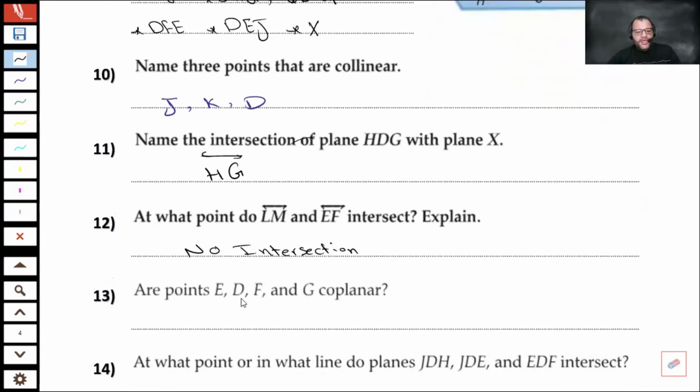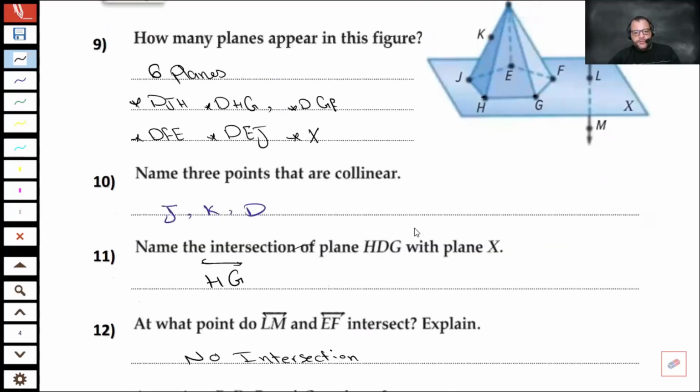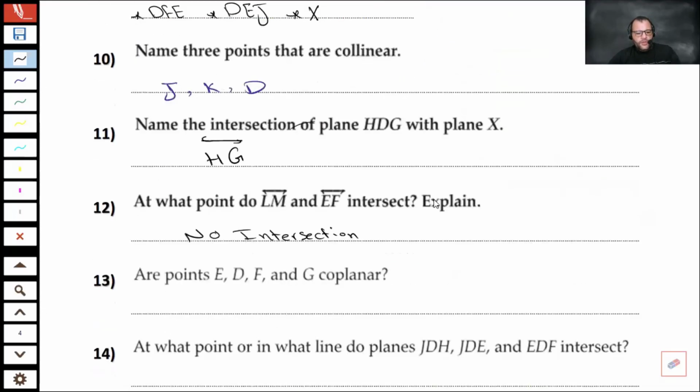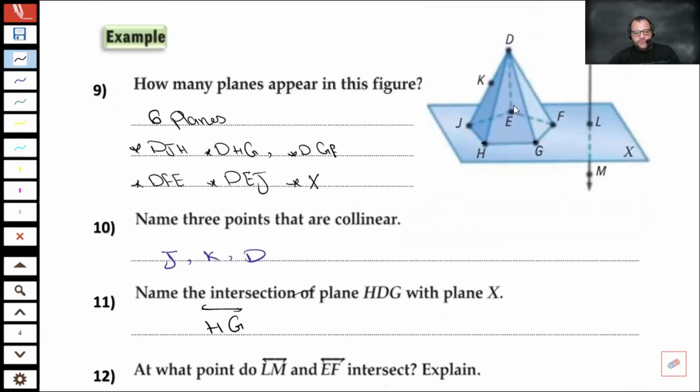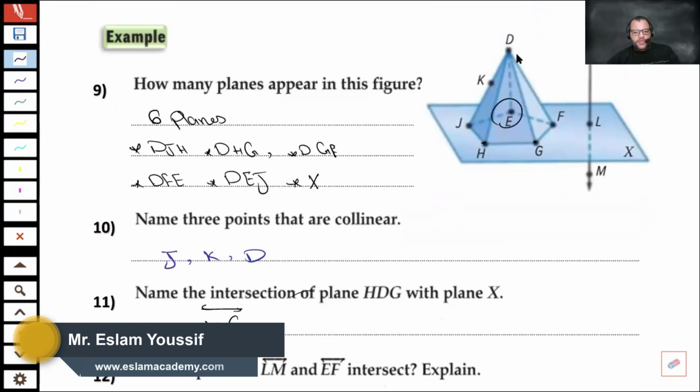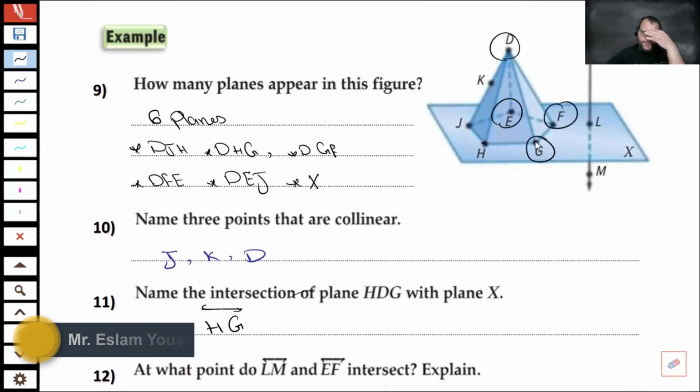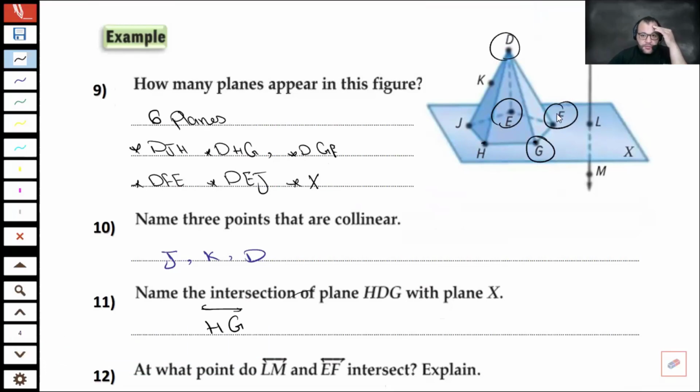Are the points E, D, F, and G coplanar? What is the meaning of coplanar? They lie on the same plane.